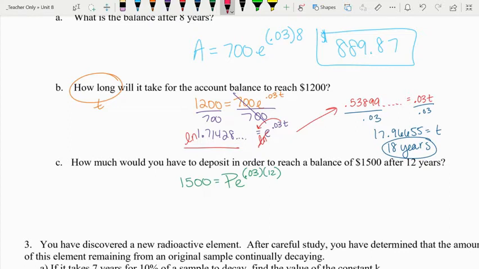Okay, and 0.03 times 12 gives you 0.36. So all I have to do is get rid of e to the 0.36 by dividing it over. And 1,500 divided by e to the 0.36 gives me 1,046.51.